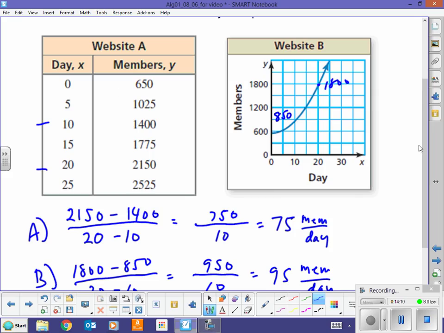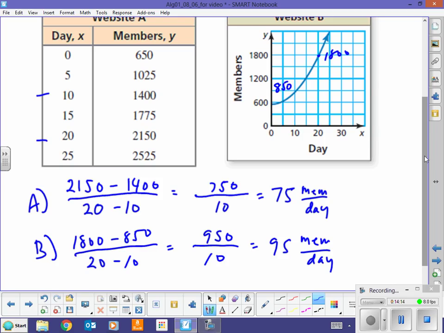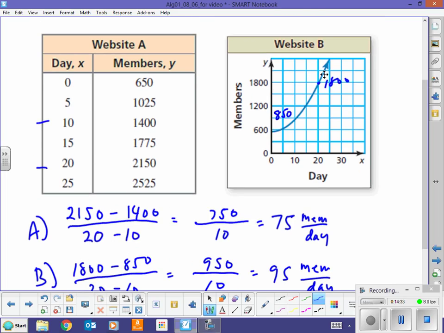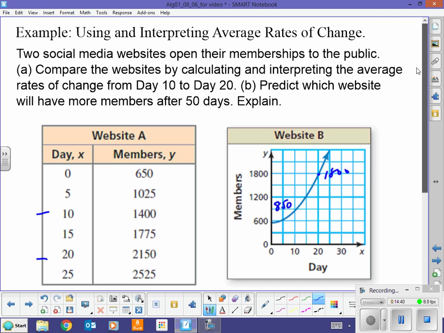But this one's increasing, it looks pretty linear. We have a constant increase every 5 days. This one, though, you can see by the graph, appears to be either exponential or quadratic, so this rate is going to increase. So after 50 days, website B is going to have more members.